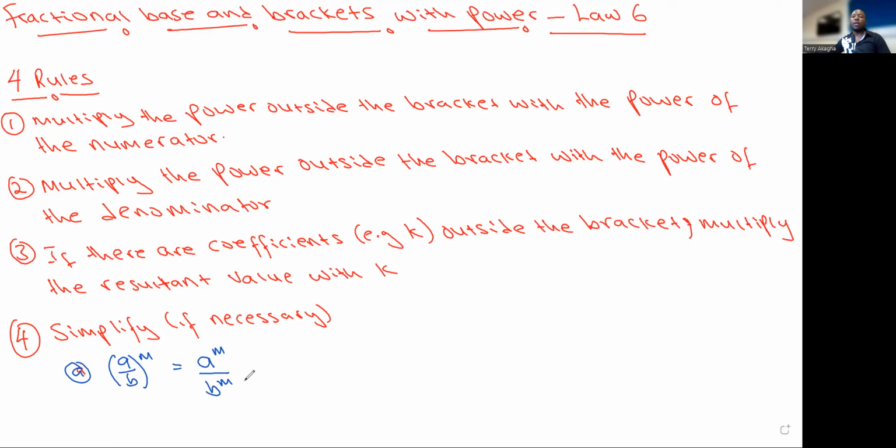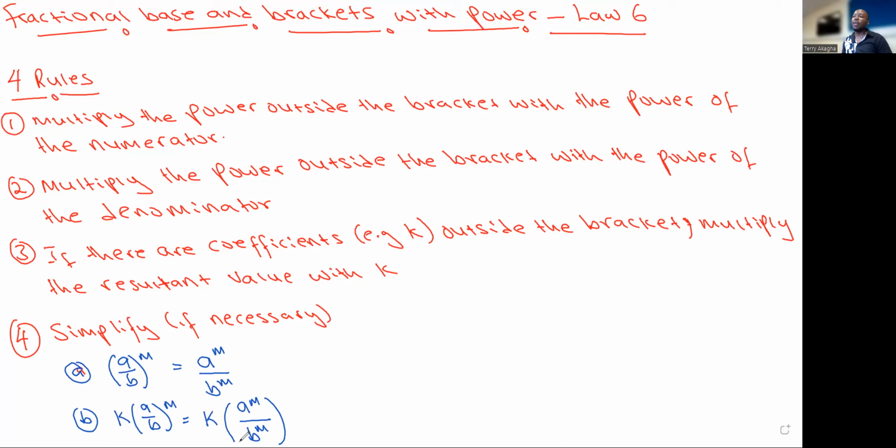Now, if there's a constant, in this case, we had k (a over b) raised to power m, so it's going to give us k into bracket a raised to power m divided by b raised to power what? m. Are you seeing it?